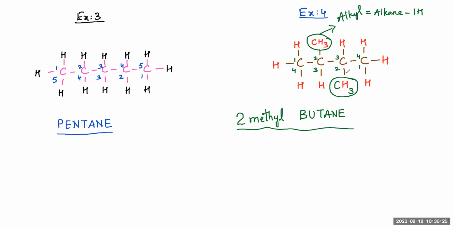And if I consider the backward numbering, here too, it is attached to the second as well as the third one. Because we have two methyls attached, we are going to write it as dimethyl butane. And here these two methyls are attached to the second and third carbon atom. So we're going to call it 2,3-dimethyl butane. Hope you have understood this example as well.